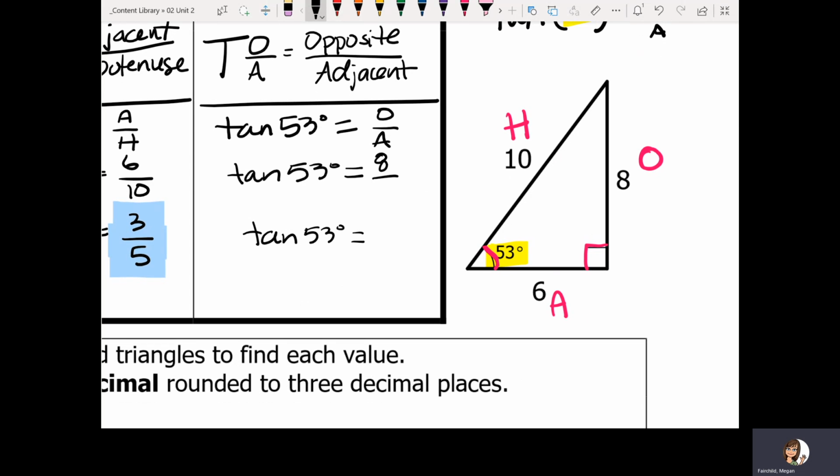Good. Then what'd you get simplified? 4 over 3. Good. Okay. Any questions? What color have I not used? Green.